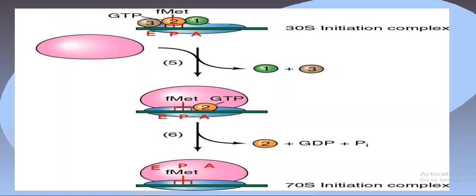So the energy released from the hydrolysis of GTP is used to reassociate the larger subunit with the pre-initiation complex to form the larger initiation complex, that is 70S in prokaryotes and 80S in eukaryotes.